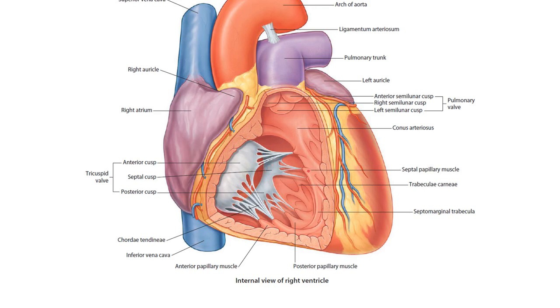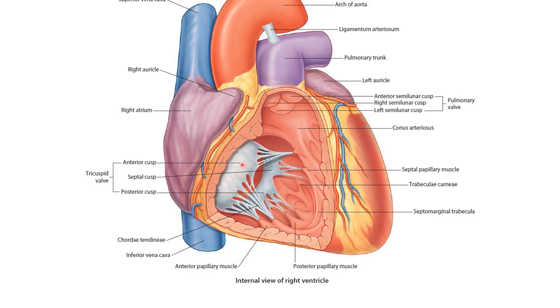These are the muscles attaching the tendons, which attach to the cusps of the cardiac valves. In this case, this is the right atrioventricular valve. It has 3 cusps. This is the anterior cusp, this is the septal cusp, and this is the posterior cusp. So these are 3 of them, and that is why it is called the tricuspid valve.